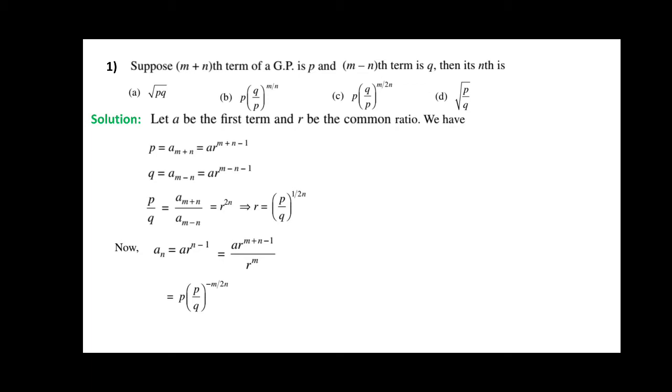To remove the minus, we interchange the numerator and denominator, then the power becomes opposite. Then it becomes p into (q by p) whole to the power m by 2n, which is the answer. Therefore the right option is option C.